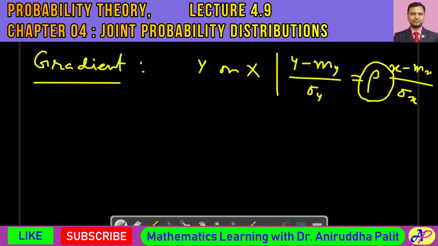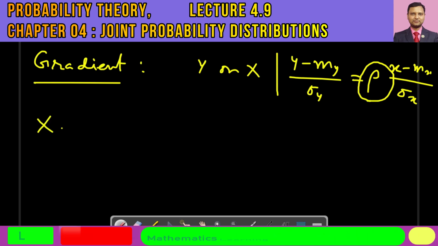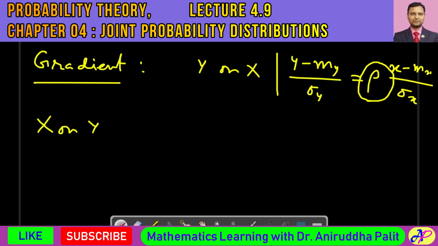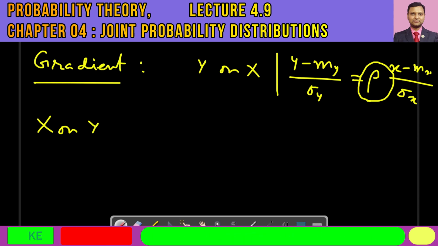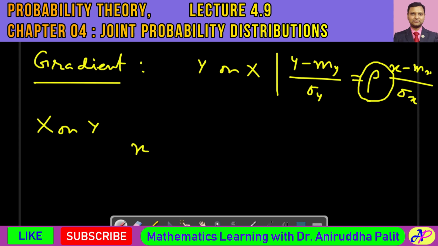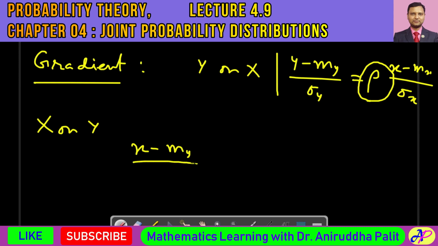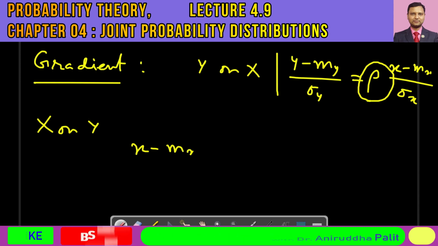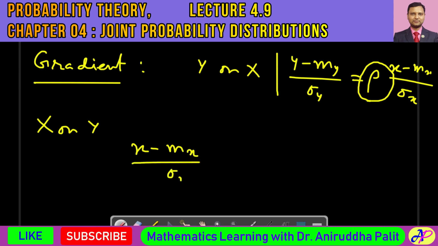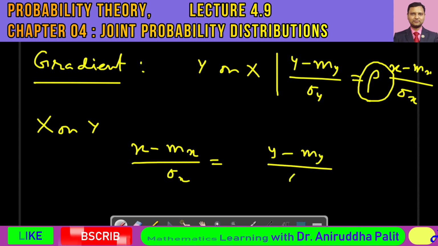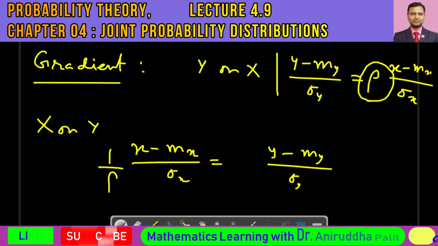And if we consider the regression curve of x on y, in that case the equation of the curve is (x minus m_x) divided by sigma_x equal to (y minus m_y) divided by sigma_y multiplied by rho, and this rho can now be shifted over here.